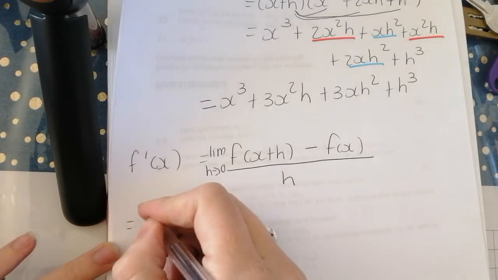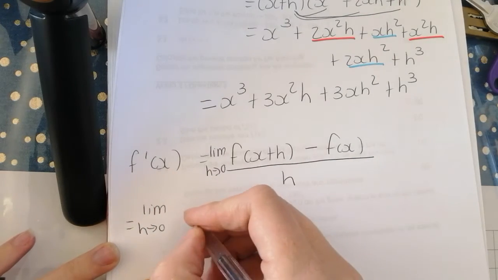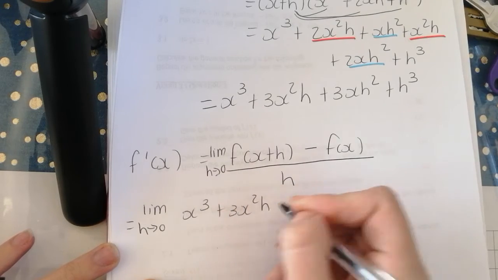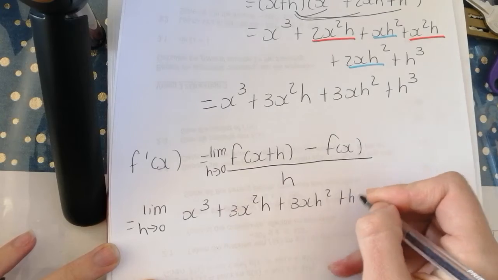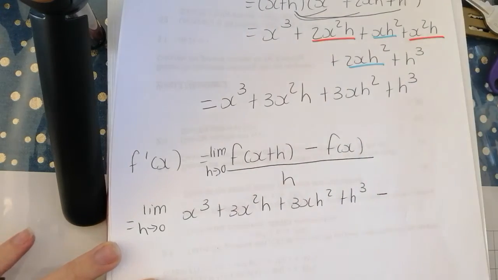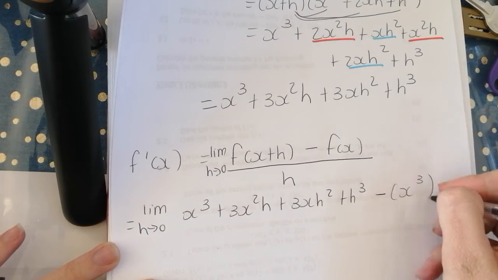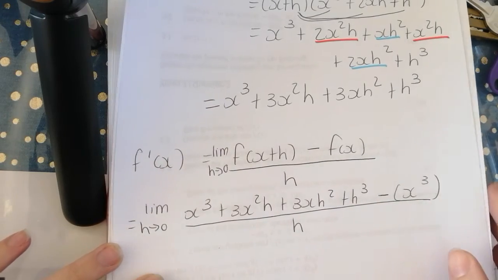So we're going to say the limit as h approaches 0 of x cubed plus 3x squared h plus 3xh squared plus h cubed minus the f of x that you cannot see right now, which is x cubed there, all over h.